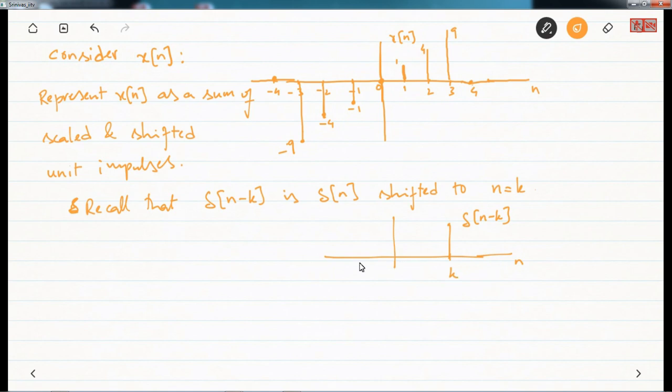If k is positive, if k is negative, so say delta of n minus 3 is this. So what I can do is, I'm making some space for this.